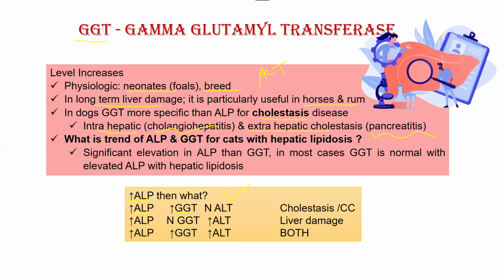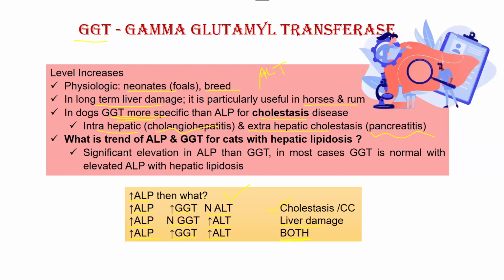If you see increased GGT and normal ALT, then it's definitely cholestasis, because again, GGT is more specific than even ALP. But if you see increased ALP, normal GGT, but increased ALT, then definitely it's more of a liver damage issue. But if you see increased ALP, increased GGT, and increased ALT, then it is because of both of these conditions happening in the body. So that is related to cholestasis.